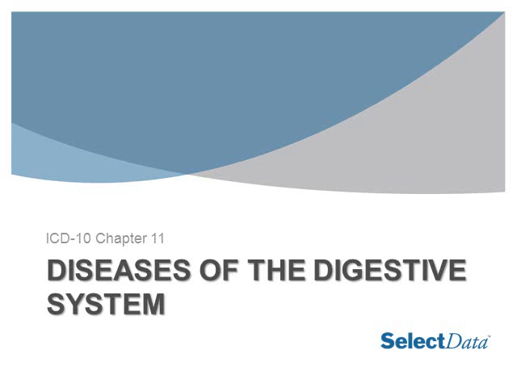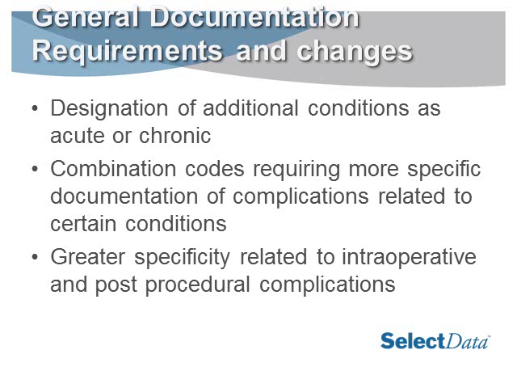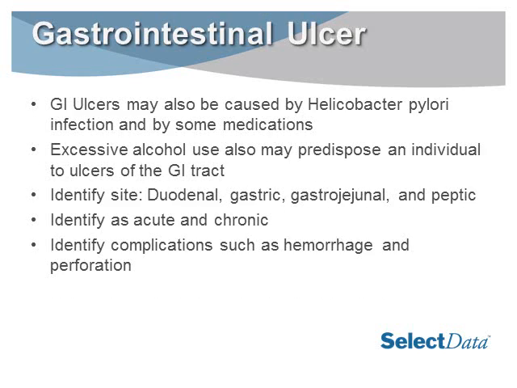We move on now to Chapter 11, which are diseases of the digestive system. For general documentation requirements and changes, we will have the designation of additional conditions as acute or chronic. There are now combination codes requiring more specific documentation of complications related to certain conditions, and there's greater specificity related to intraoperative and post-procedural complications.